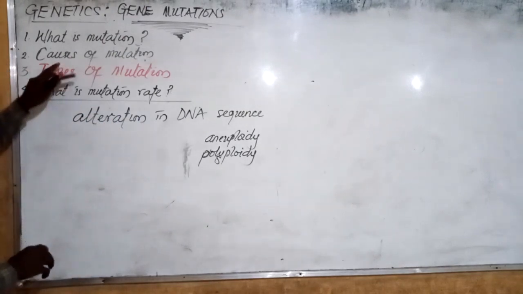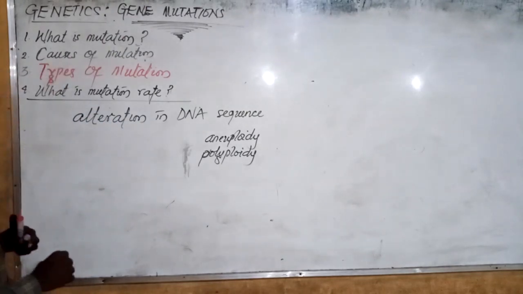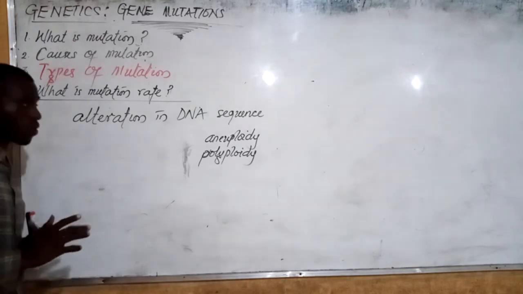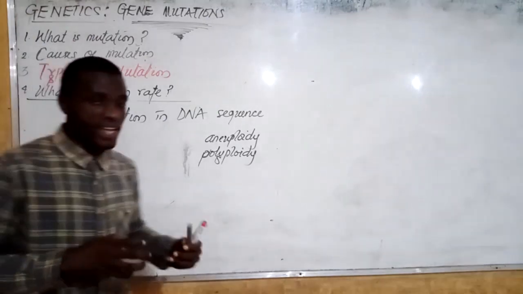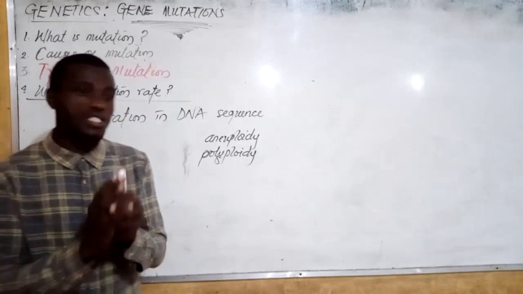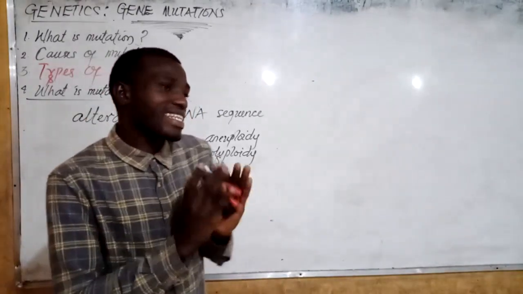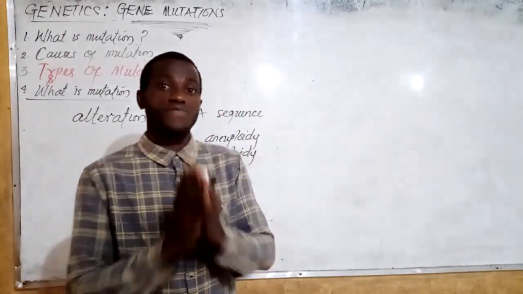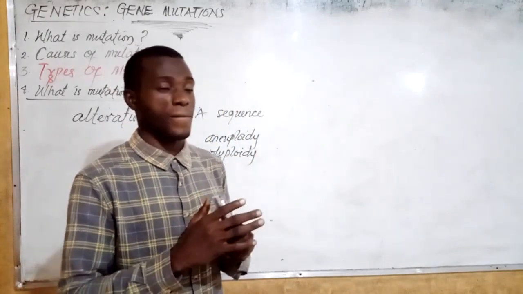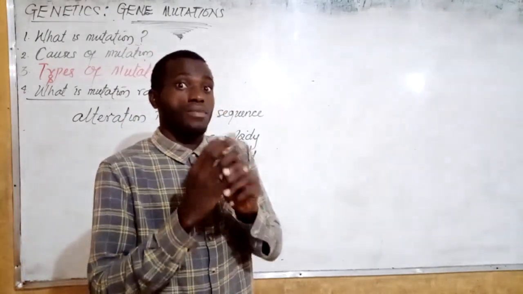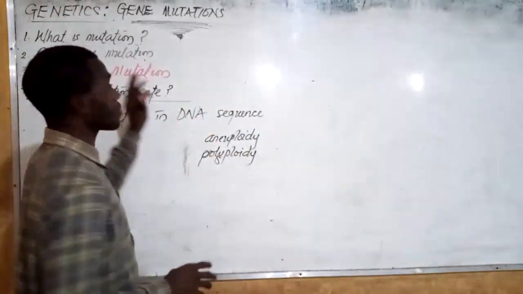Now, what are the causes of mutation? Before we talk about the causes, the effect of that mutation is based on the type of cell that is being affected, and that is one of the ways we classify mutation. When we get to the types of mutation, I'm going to talk about that.